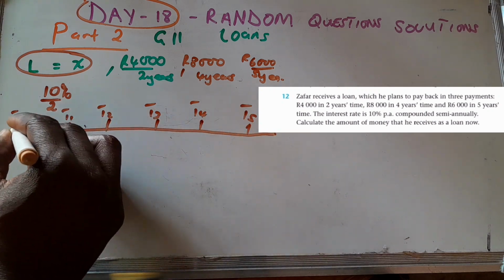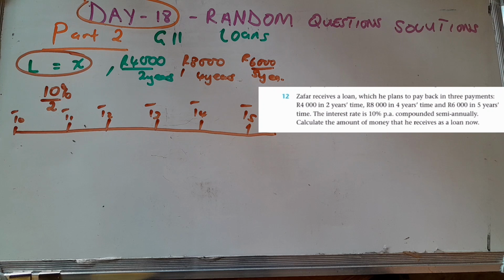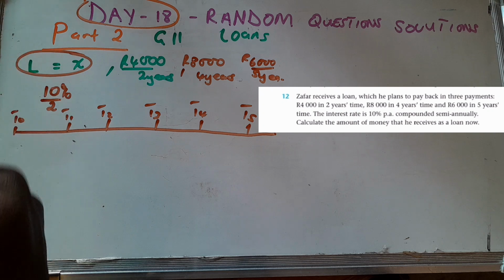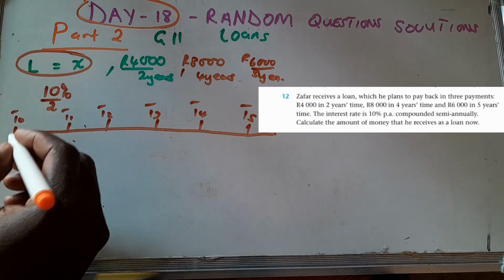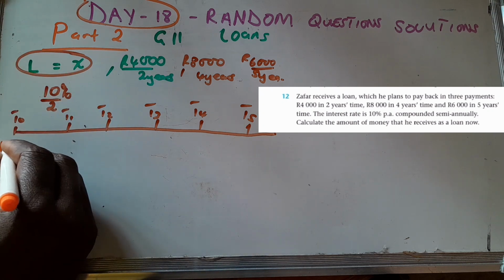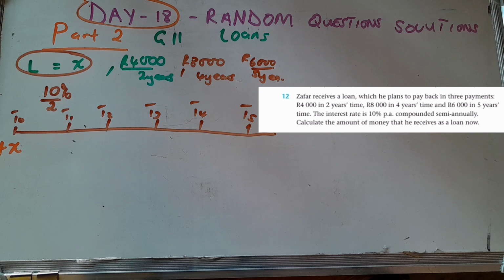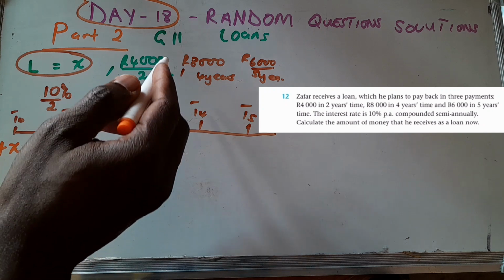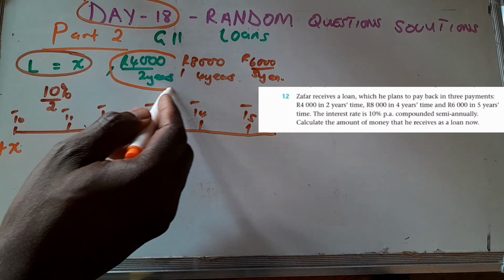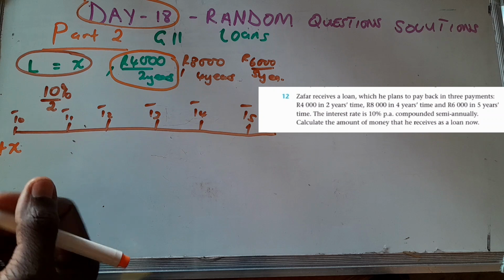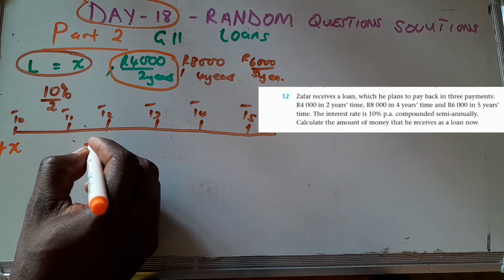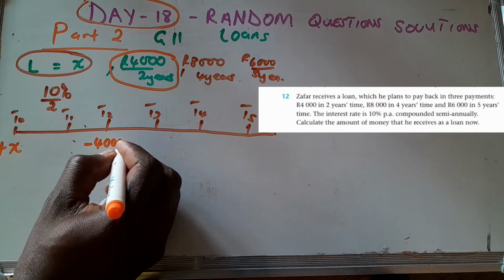So let's see what happens. At T0, he received a loan. Like I said, if he's receiving the loan, this loan is a plus to his account. So it's a plus X. But when he's paying back the money after 2 years, it's no longer a plus to him, but a minus to him because he's paying back, right?